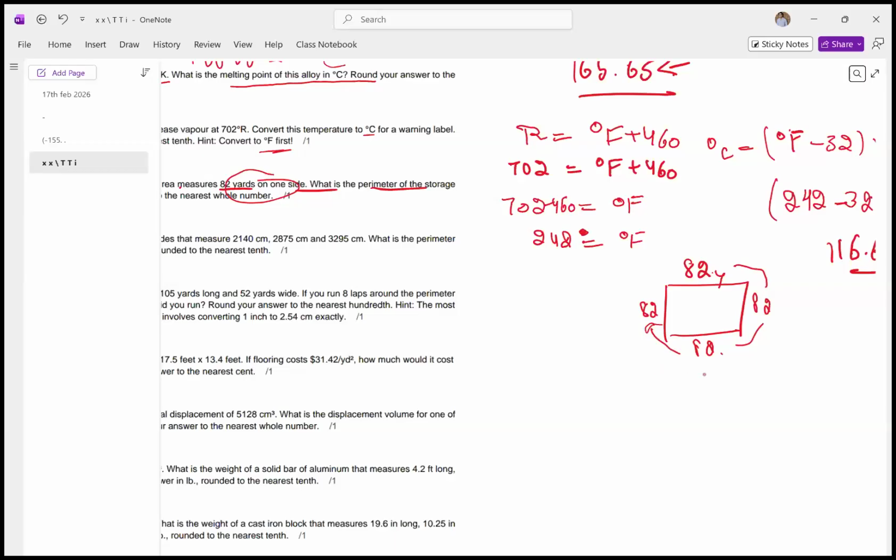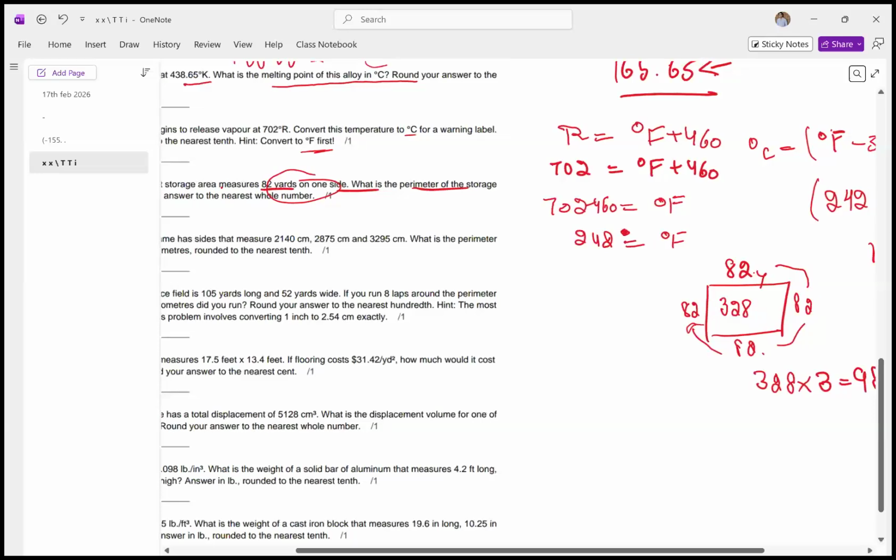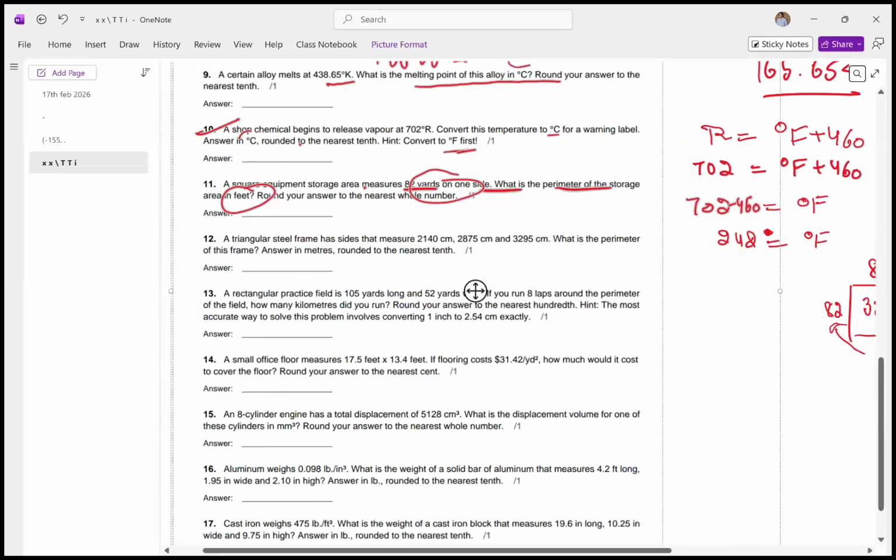That's going to give you 328, and then 328 multiplied by 3 is going to give you 984 feet.